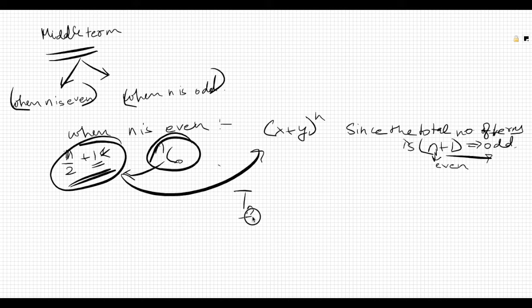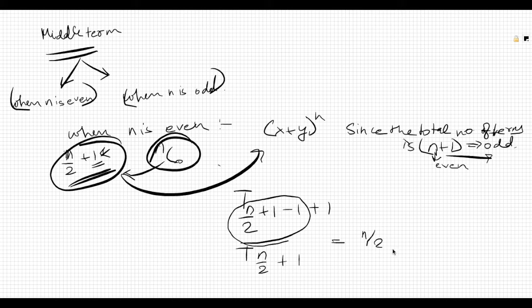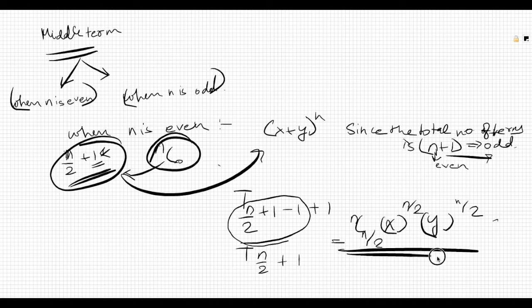So T of n by 2 plus 1, minus 1 plus 1, since this is r, so that's n by 2 plus 1. So T of n by 2 plus 1 is nC(n by 2) x to the power n minus n by 2, that's n by 2, and y to the power r, that's n by 2. So that's the middle term. My handwriting becomes very bad.